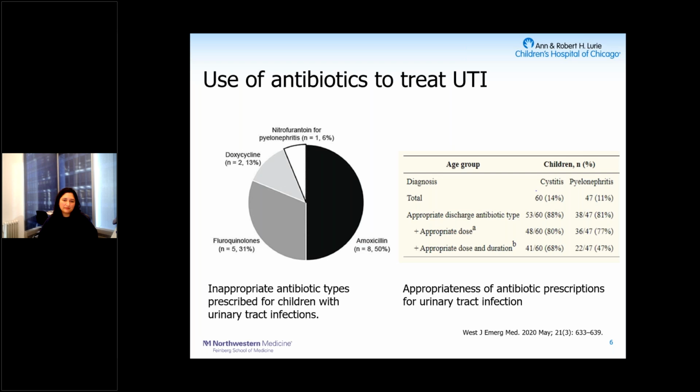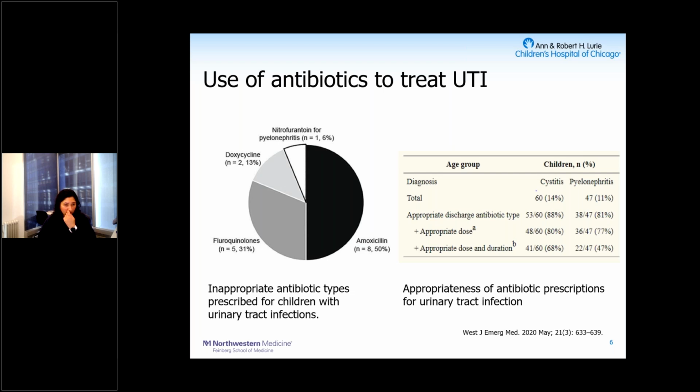What they showed was that amoxicillin and fluoroquinolones were the most common antibiotics used inappropriately. In the discussion, they talked about the fact that about 50% of E. coli are resistant to amoxicillin, so sometimes that is not the best drug. You really need to follow the culture and sensitivity and alter your management according to that.